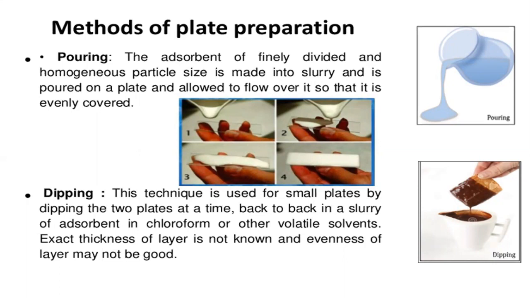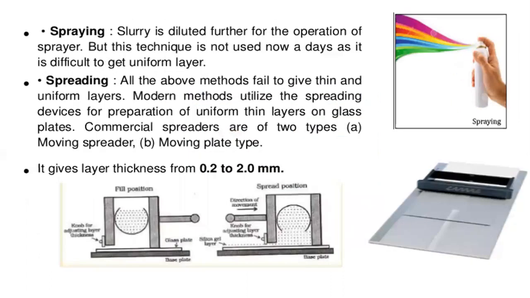Here, more of the slurry will be used, and the thickness produced by the adsorbent is also more. That's why we are not using this dipping method. Next is the spraying method, like a spray. The glass plate will be there and we spray onto the glass plate. Here also we are not getting a uniform, homogeneous layer.